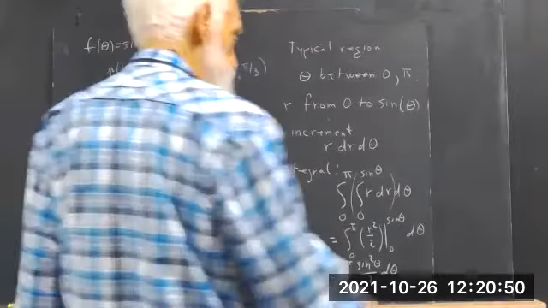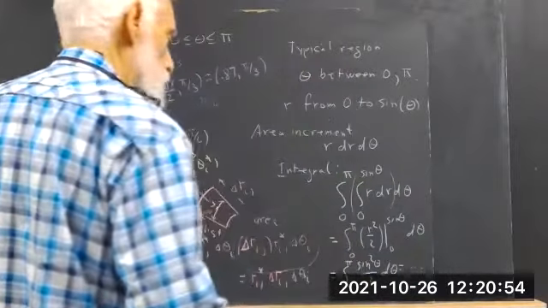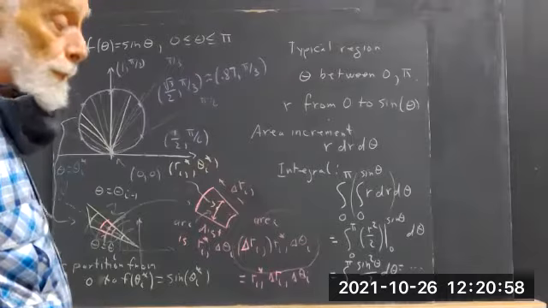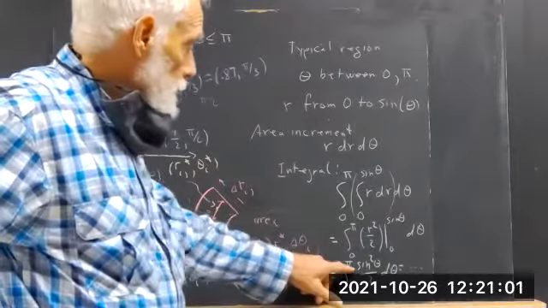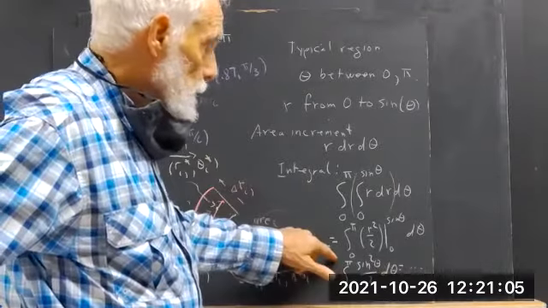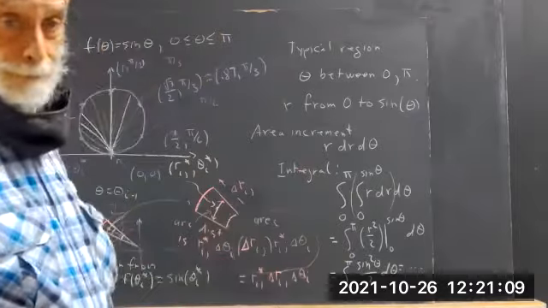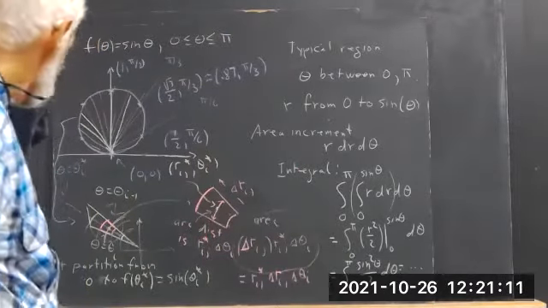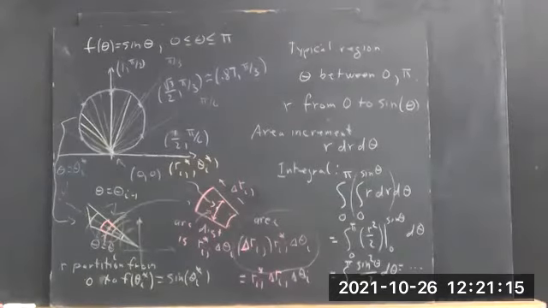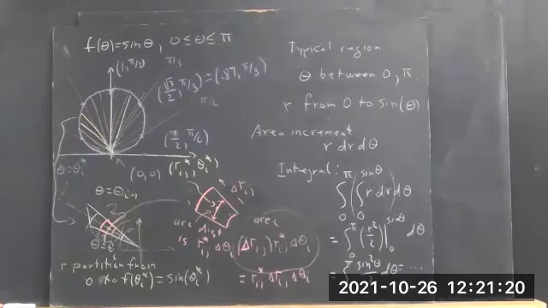And then you can do the integration, by any one of a number of techniques. Okay, so sine squared theta over 2 d theta integrated from 0 to pi. And it turns out that that's going to be pi over 4, which is, of course, the area for this circle.